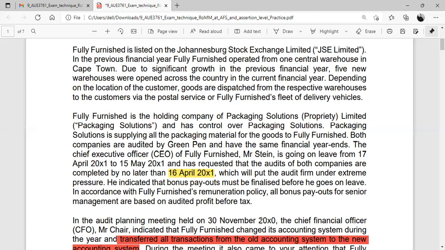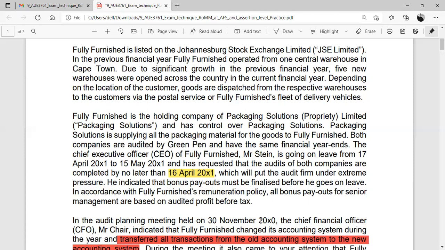This bonus that he wants to receive before the audit has been completed. That's a different point altogether. All of these things will compromise the quality of the audit, and that could then potentially affect the entire set of financial statements. So yeah, thank you for that one.